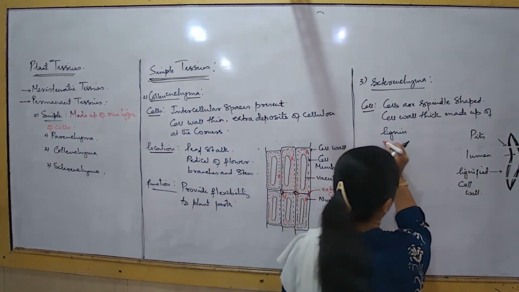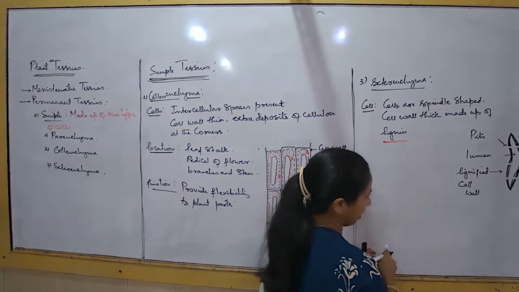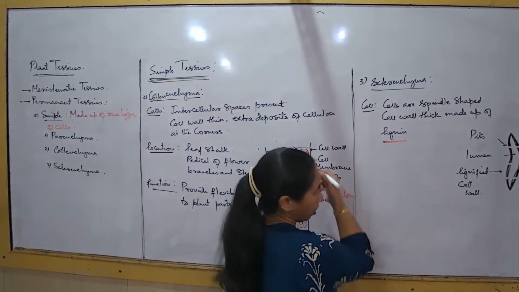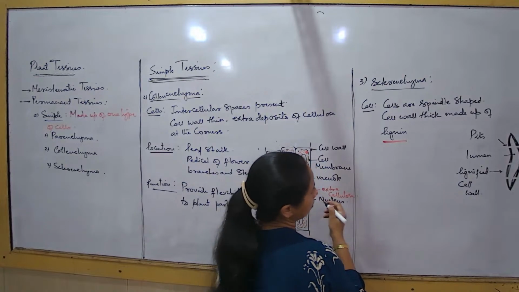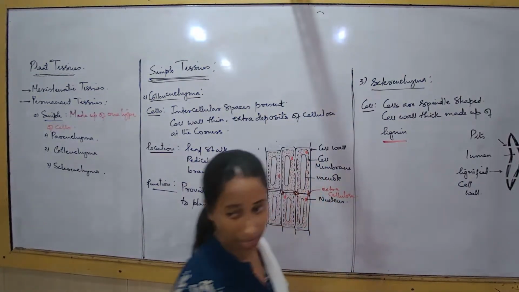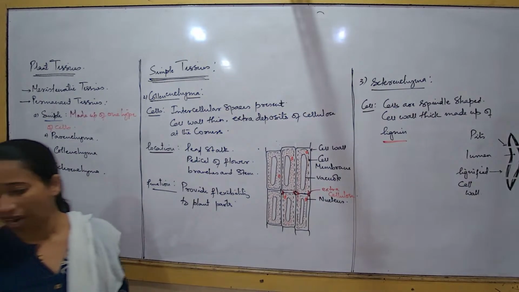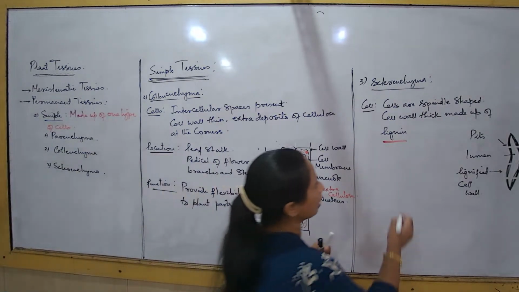Cells not made up of cellulose anymore. That's why I write lignified cell wall. What is lignin? Lignin is another type of a tough sugar, tougher and harder than cellulose.